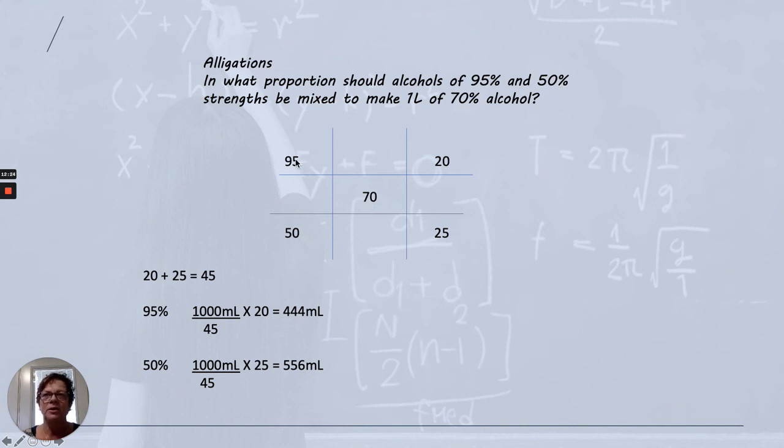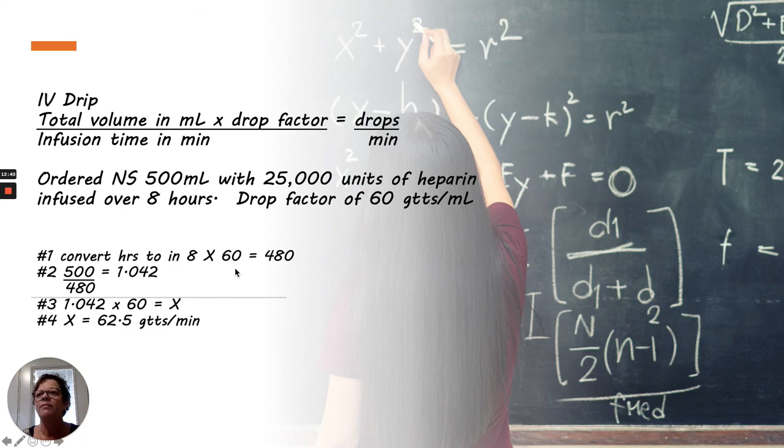I'm going to go across here, and 95 and 70, the difference is 25. 50 and 70, the difference is 20. I'm going to add those two together. 20 plus 25 equals 45.